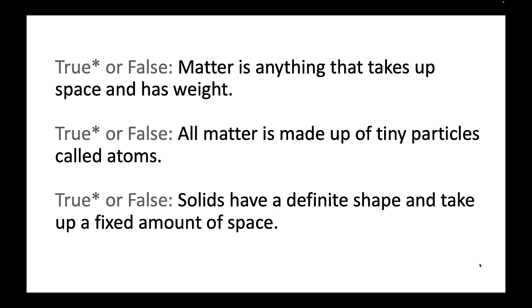So take the first one, for example. Matter is anything that takes up space and has weight. That is marked as true, but that wouldn't be true. The SOL addresses matter as anything that takes up space and has mass. And mass and weight can be very different, as you likely know. In fact, it's one of those things that you have to teach kids in physical science in high school, that mass and weight are two different things.